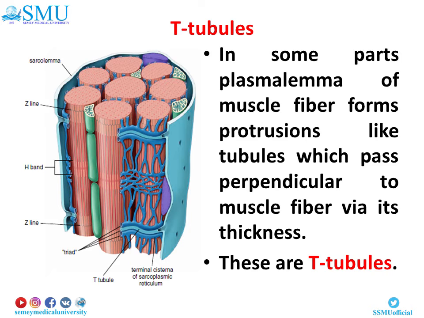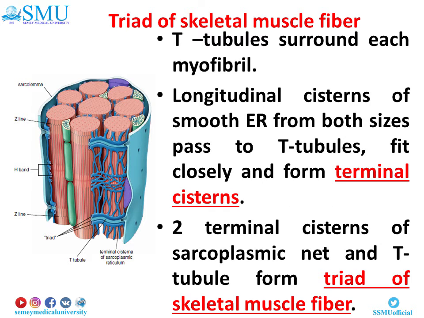T-tubules. In some parts, plasmalemma of muscle fiber forms protrusions like tubules which pass perpendicular to muscle fiber via its thickness. These are T-tubules. A transverse tubule and the two terminal cisterns on either side of it form a triad.